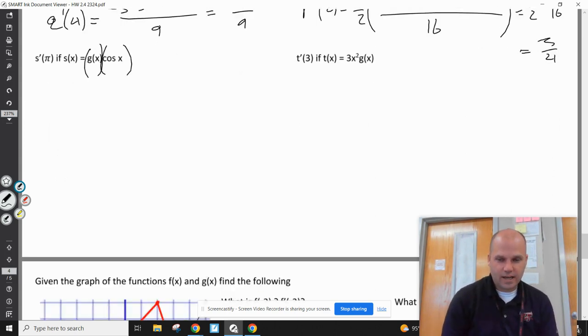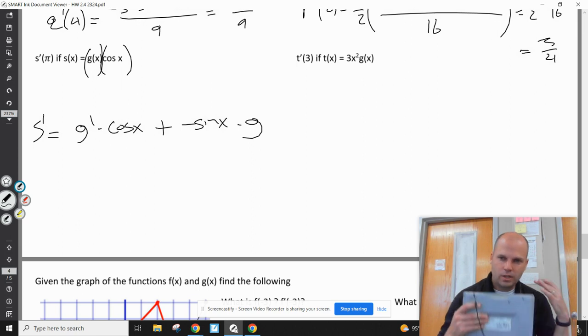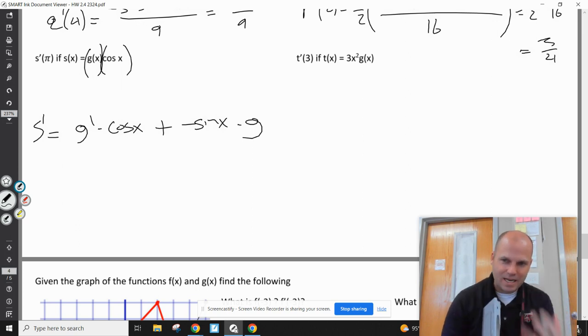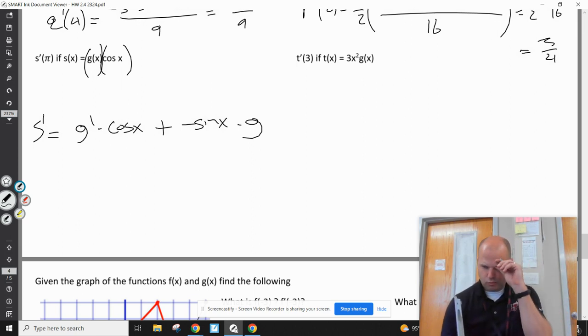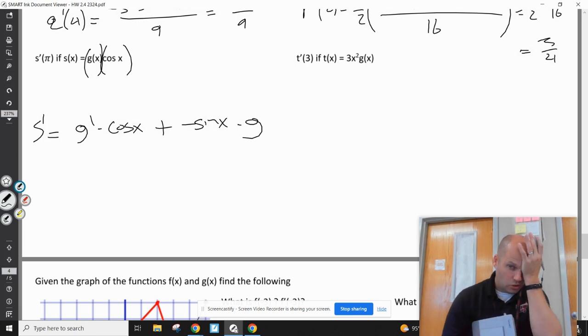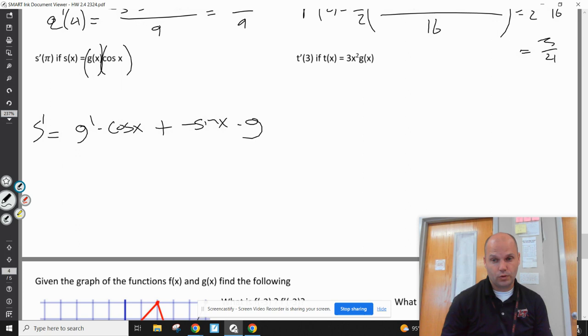X's times X's. G's slopes times cos plus cos's slopes times G. Again, the of X doesn't really mean anything. It doesn't mean it's a product. It's just using X's. So I can get rid of it. I hope we're cool with it.